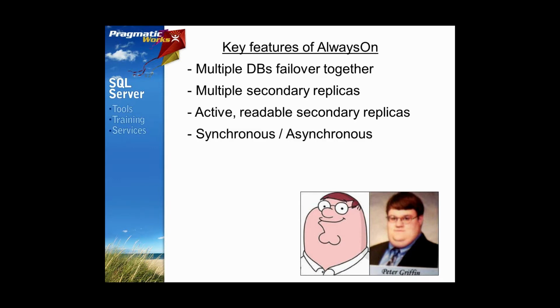The next feature is synchronous mirroring and asynchronous mirroring, and the way that that is implemented is the same as high safety and high performance is implemented currently in SQL Server 2008. What they've improved on is that you can have two synchronous secondaries.